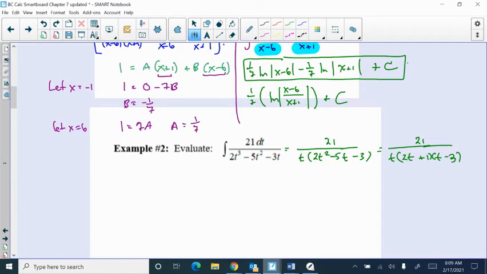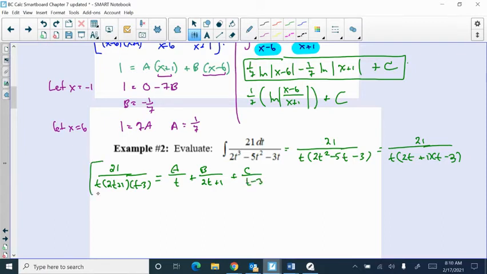Now when I'm going to integrate this, I know that I'm going to have 21 over t times (2t plus 1) times (t minus 3). And I want that to equal a over t plus b over 2t plus 1 plus c over t minus 3.